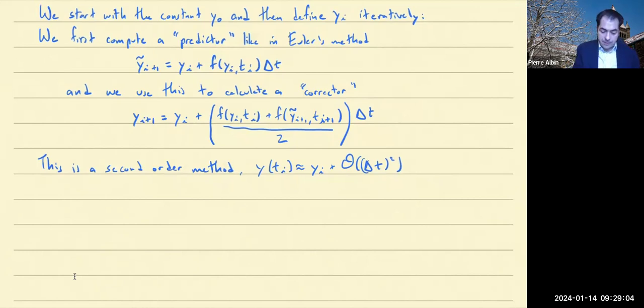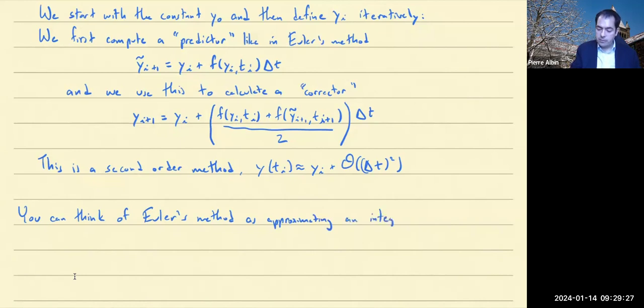Okay, so you can think of Euler's method as approximating an integral using the left-hand rule.